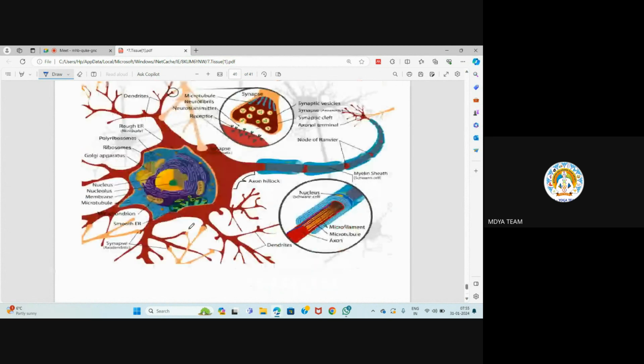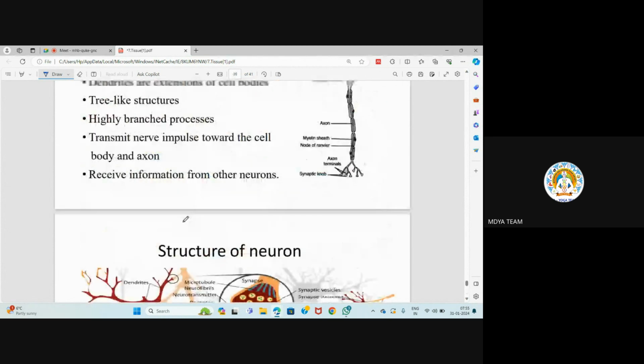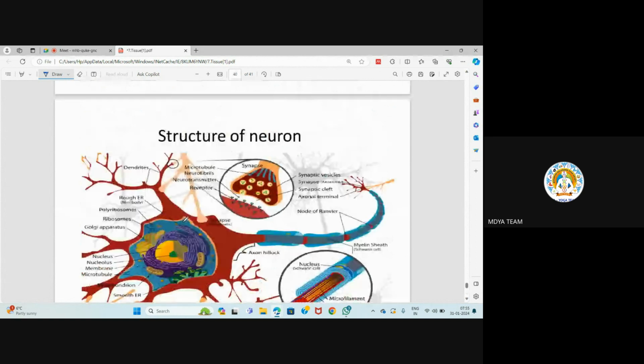If you have heard about action potential, how can I make it simpler?